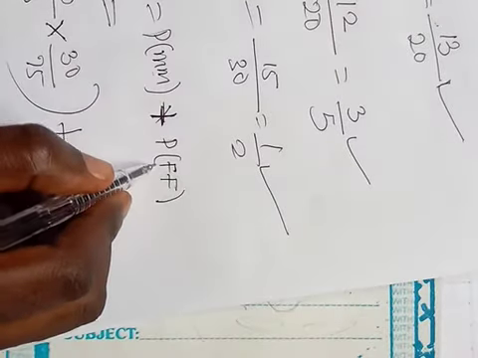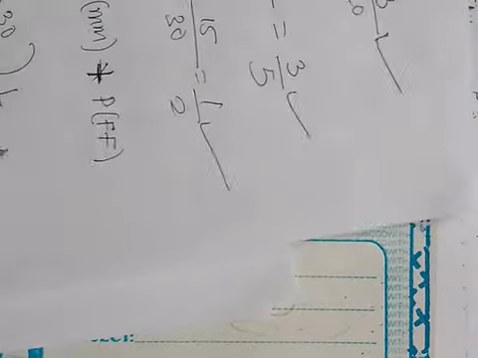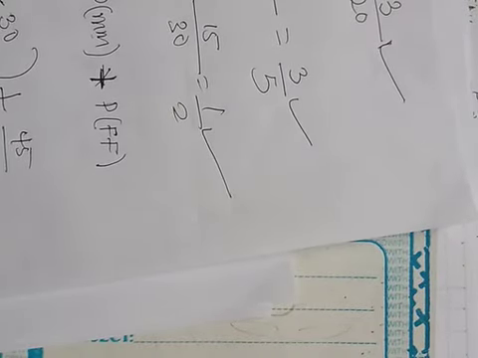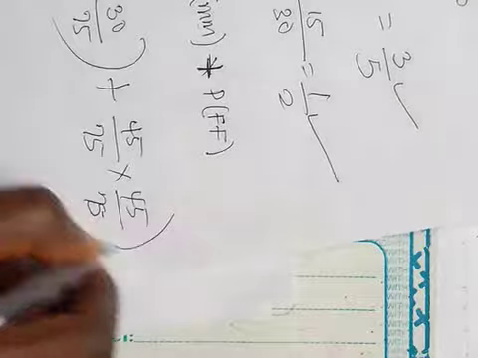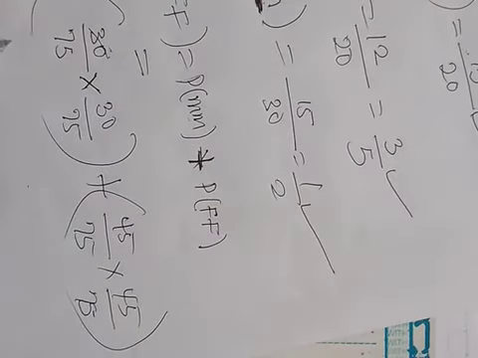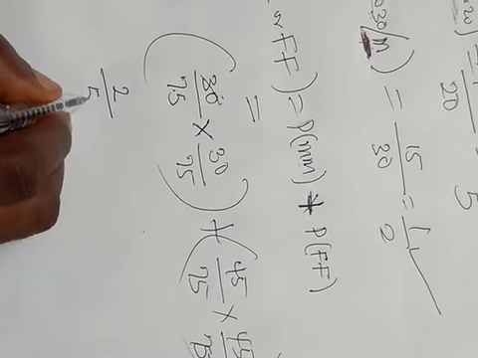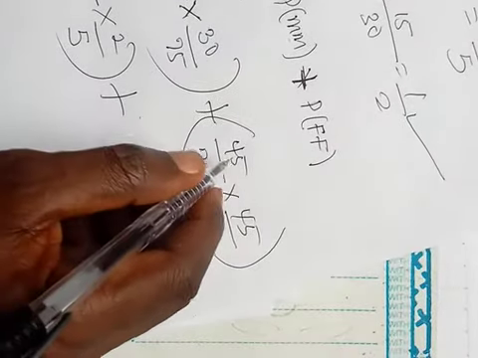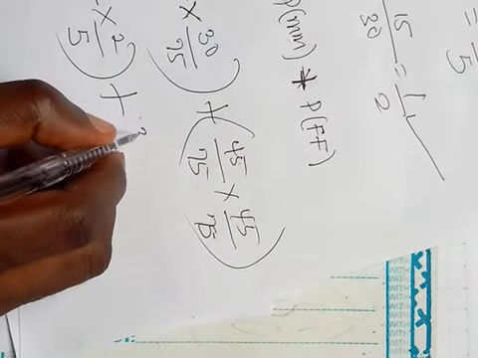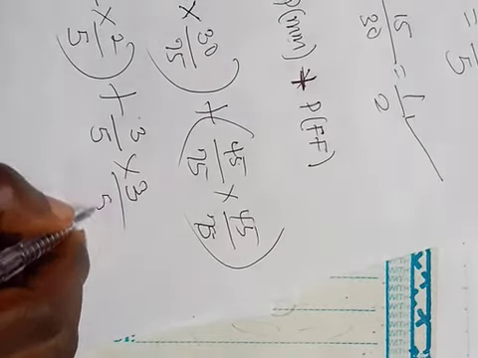Plus female. How many females do we have? We have 45 females out of 75 persons. So 45 over 75 times 45 over 75, and from here we simplify. 15 in 30 is 2, 15 in 75 is 5, so 2 over 5 times 2 over 5, plus 15 in 45 is 3, so 3 over 5 times 3 over 5.